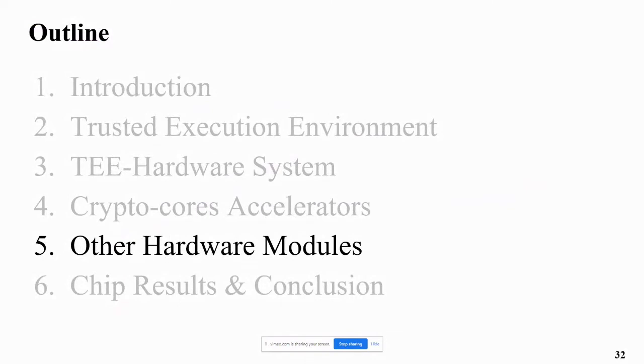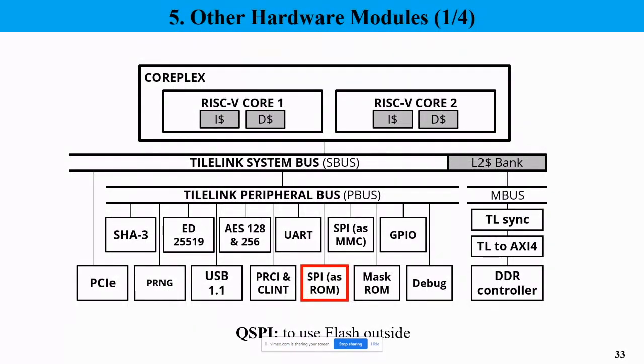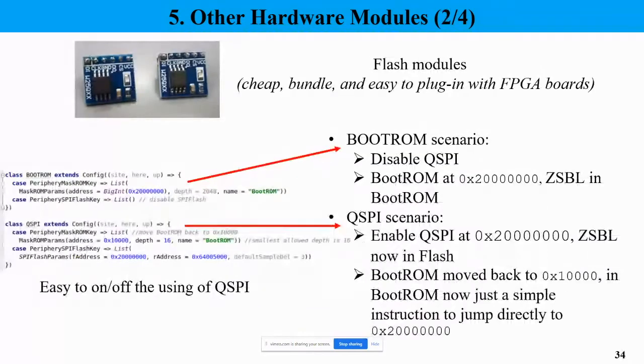As for the other hardware models, we contain an SPI ROM, which is an option to have the bootloader in an external device. This is ideal for debugging multiple binaries in early stage bootloaders. The system sets the reset vector at the 20 million address.